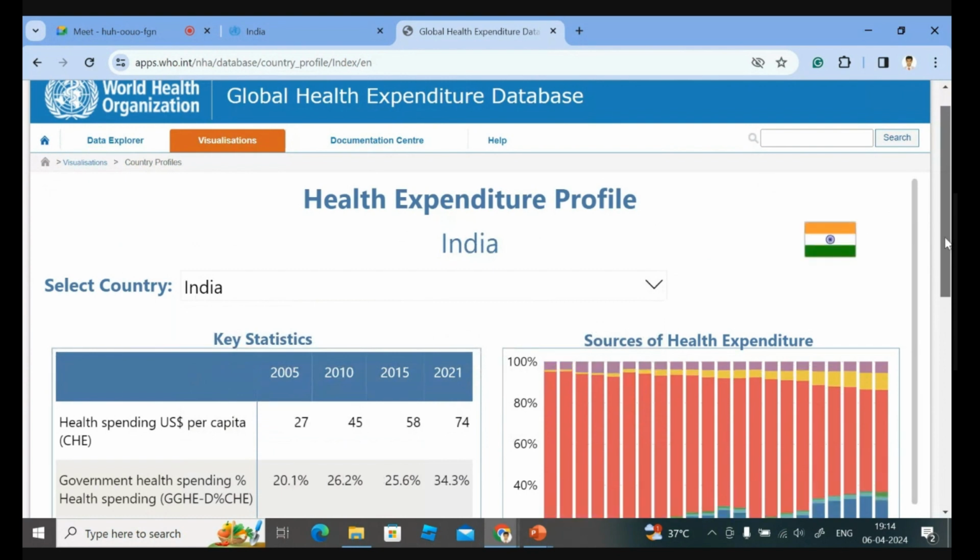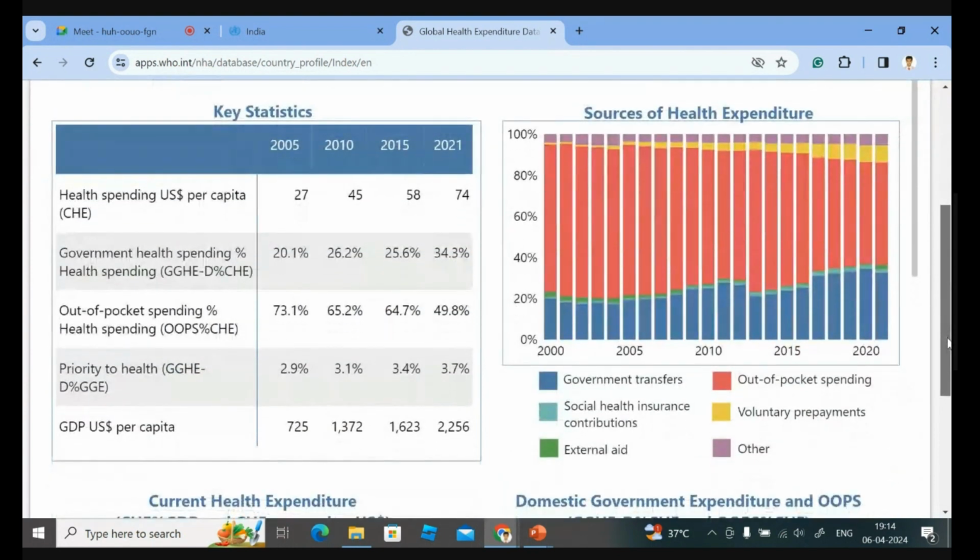This is the one. Now tell me, what do you see? Any idea? Any comment? So the government did spend in the last few years, but not much. People are paying from the pocket. That is the case with Afghanistan and India as well.